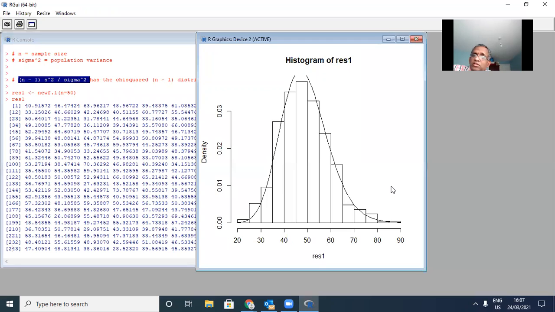So that's what you see here. See, the histogram is the simulated data of the statistic n-1 s squared divided by sigma squared. And what I have drawn on top of the histogram is the density of the chi-square with n-1. In this case, n is 50, so it's 49 degrees of freedom.